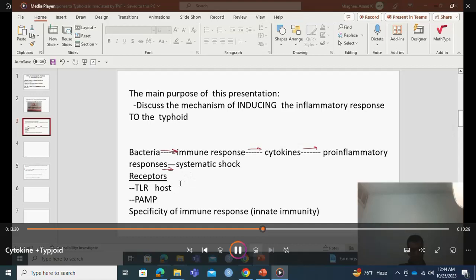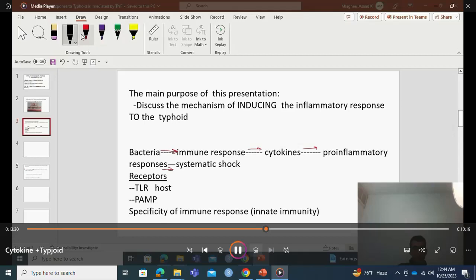TLR stands for Toll-like receptors, which belong to the immune cells, the host. The umbrella of TLR is called PRR, pattern recognition receptors, so it contains many families of TLR.